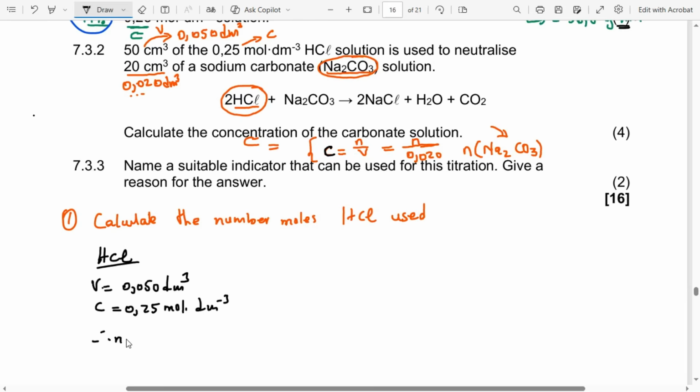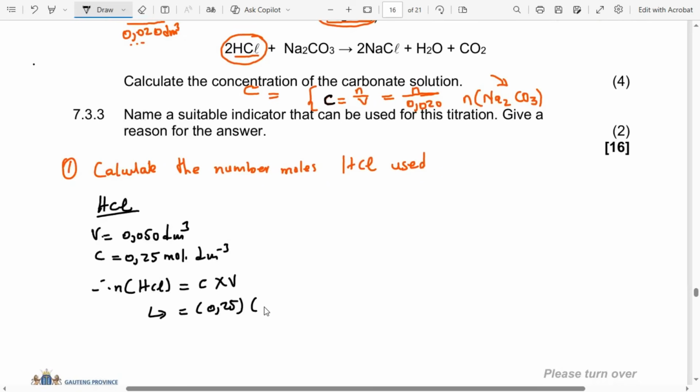The number of moles of that HCl, we multiply the two, because the number of moles is C times V, which is the concentration 0.25 multiplied by the volume, 0.050.